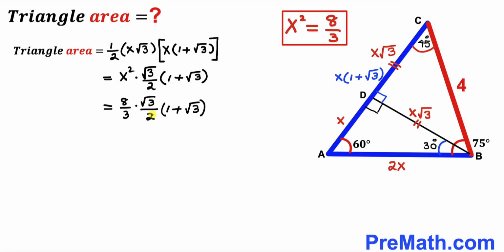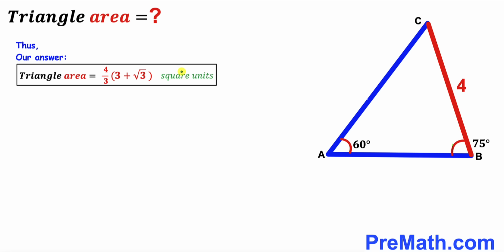Now we can see 2 goes into 8 4 times. At the very same time I'm going to distribute square root of 3 over here. So we can write this as 4 divided by 3, and then times, in the parentheses, 3 plus square root of 3, the area of this triangle ABC.